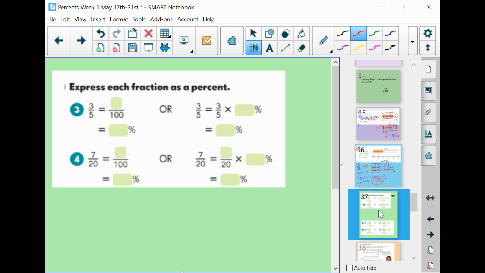So for this one, you have a slide just like this today. This one is you doing this, and you can choose whether you'd like to use a model or not. It is up to you, okay?